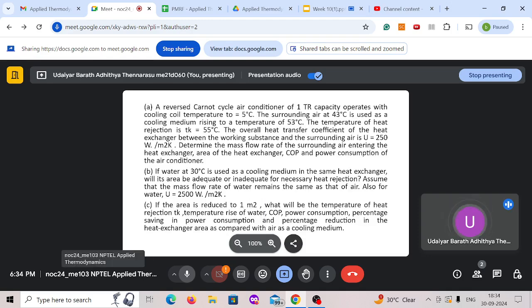So with that, we have finished the MCQs. Now we'll move into the numericals.